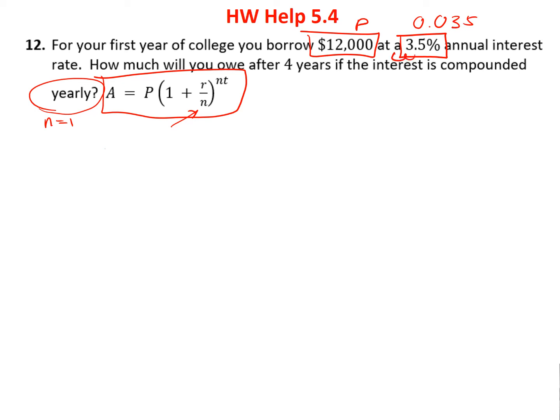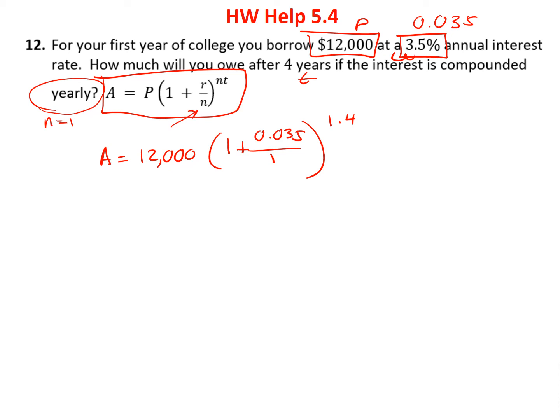So we can put this in here. The amount is going to be the principal, 12,000, times 1 plus my rate, 0.035 divided by 1. And then this is going to be 1 times 4 years. This is my t. If I were compounding it, say monthly, instead of being 1, this would be 12.